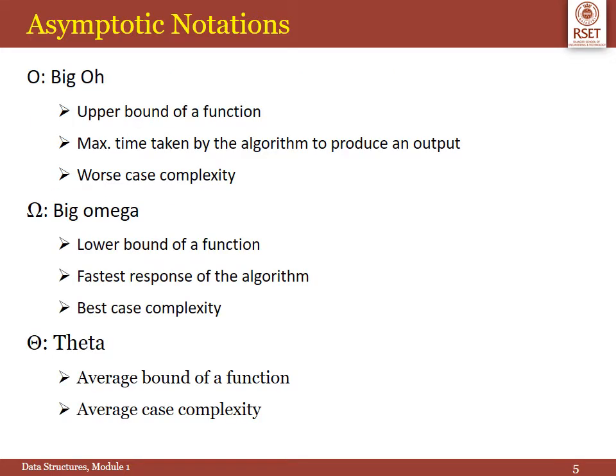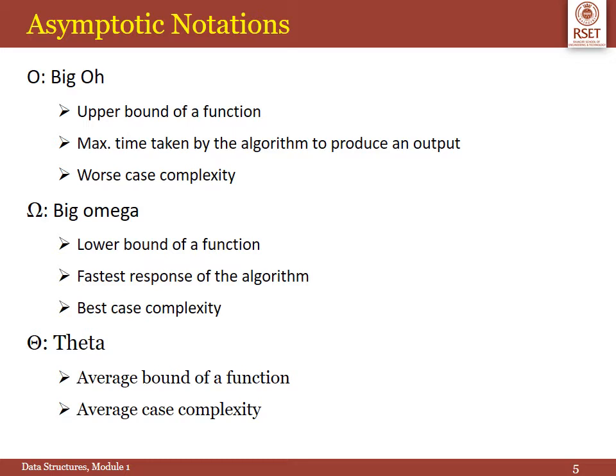The most common asymptotic notations are big O, which represents the upper bound of a function, big omega, which represents the lower bound of a function, and big theta, which represents the average bound of a function. Any function can be represented as upper, lower, or average bound.